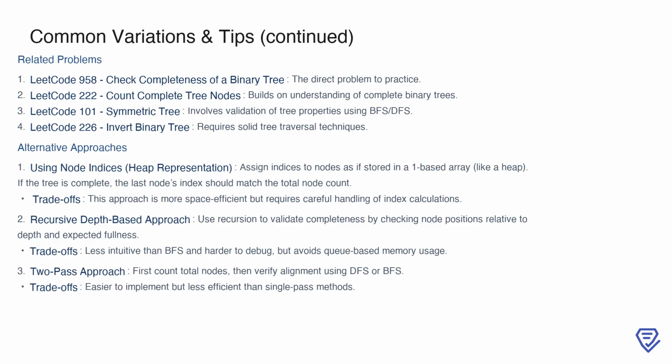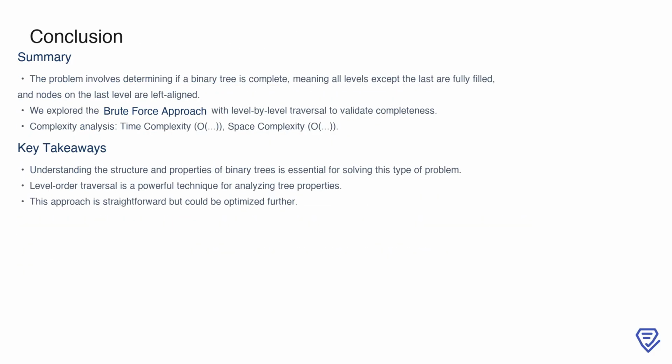This approach avoids queue-based memory usage but can be less intuitive and harder to debug. Lastly, there's the two-pass approach, where one pass counts nodes and the second verifies alignment with DFS or BFS. Though easier to implement, it's less efficient than single-pass methods. Each of these approaches has its own trade-offs, so it's important to choose the one that best suits the problem constraints.